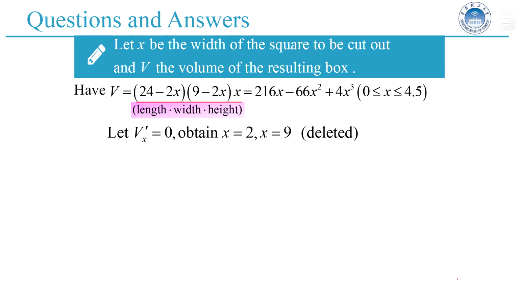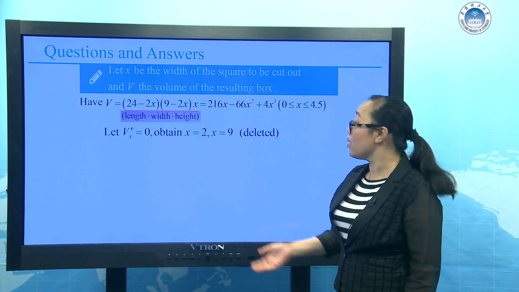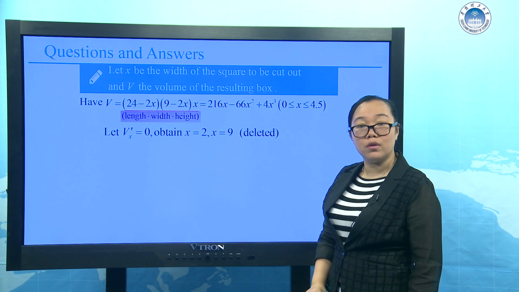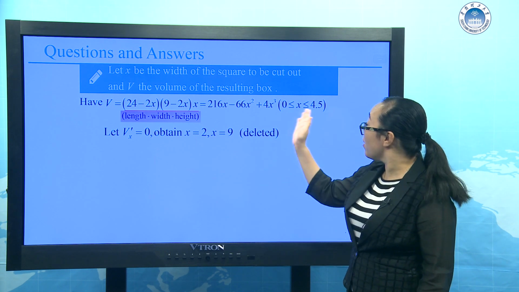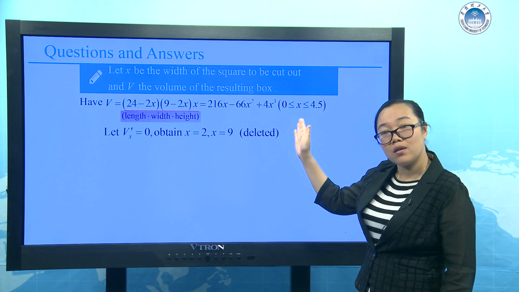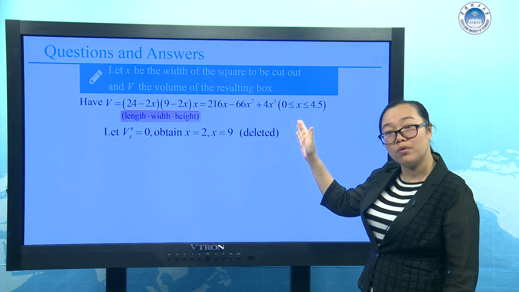How to find the critical points? So V prime for the variable x. V prime of x equals 0. We can obtain 2 points: one point x equals 2, the other point x equals 9. Compare with the domain, x between 0 and 4.5.